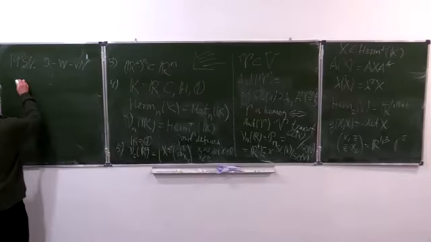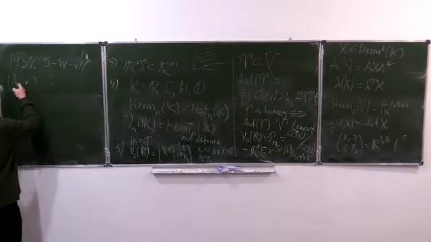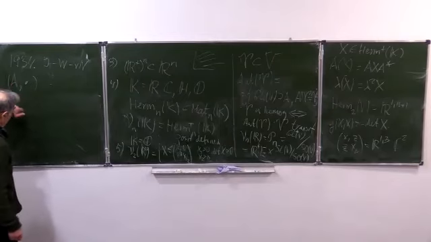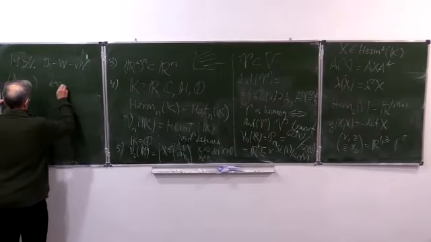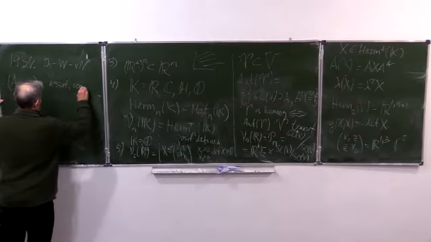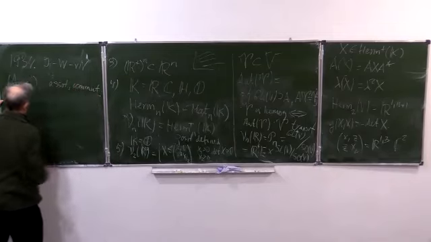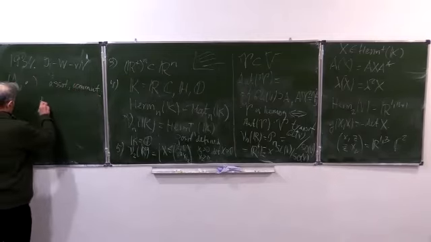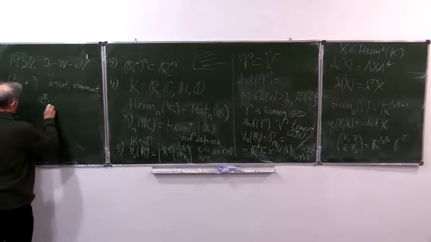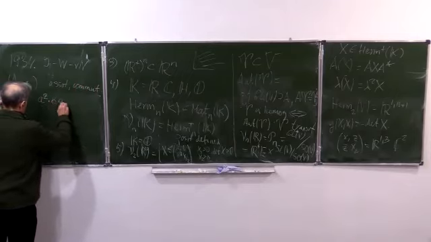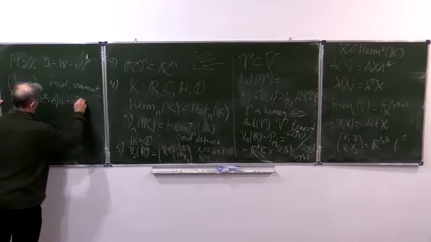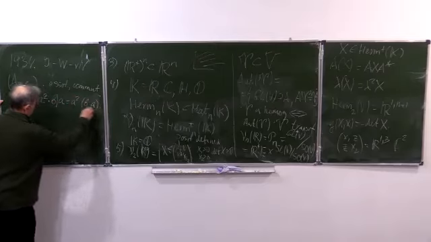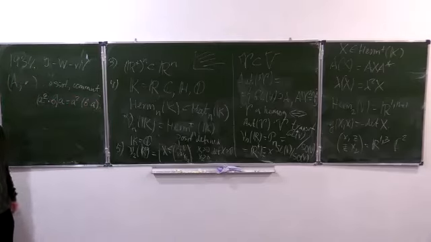So what is a Jordan algebra? A finite dimensional vector space A with a multiplication which is commutative is called a Jordan algebra if it also satisfies such an identity: (A square dot B) dot A equals A square dot (B dot A) for any A, B. So then it is a Jordan algebra.